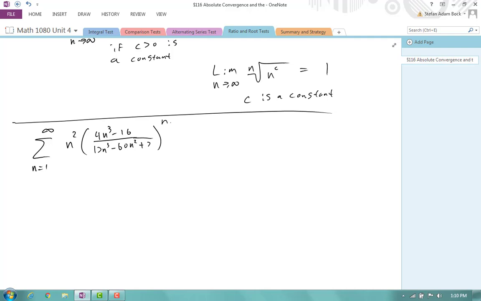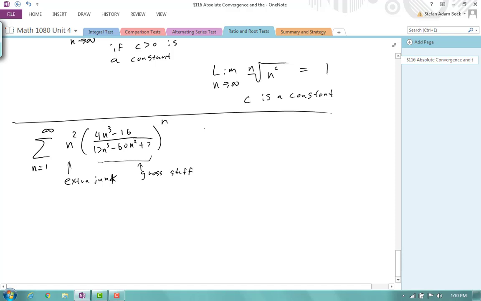But instead, I'm going to use the root test, because I've got some extra junk out here, some gross stuff in here. But most importantly, I have an n in an exponent. So I'm going to use the root test.